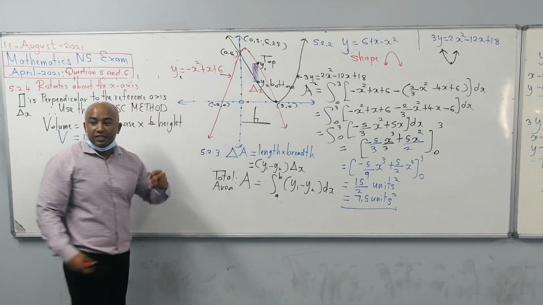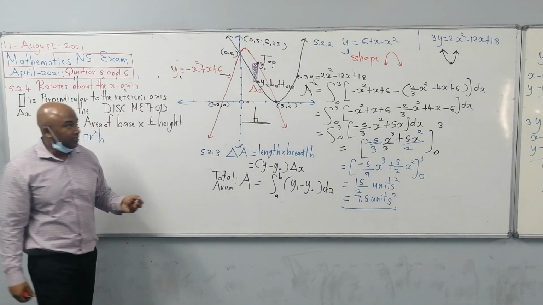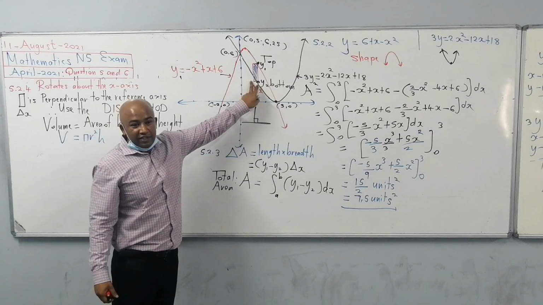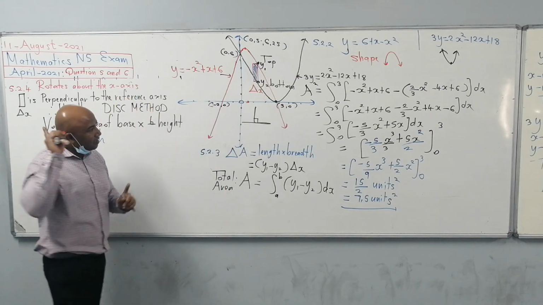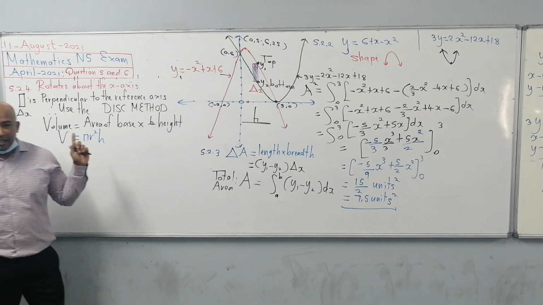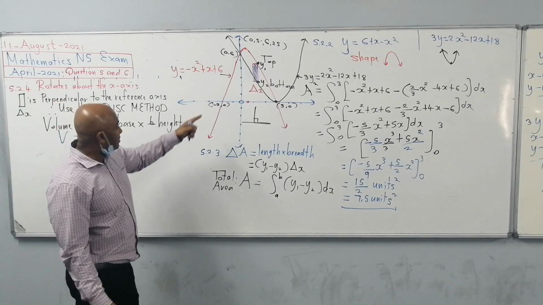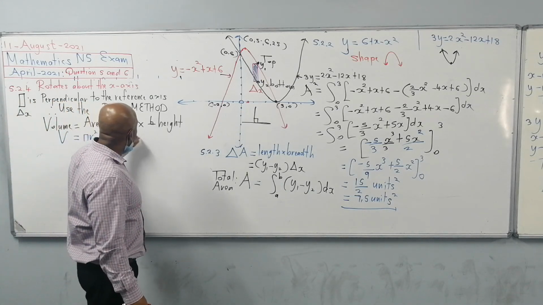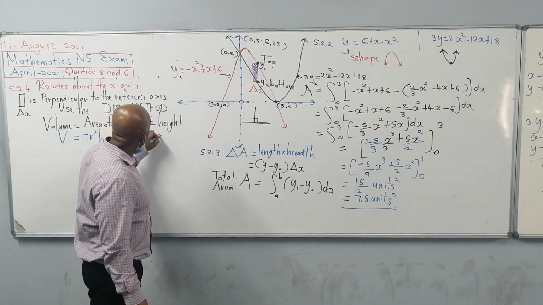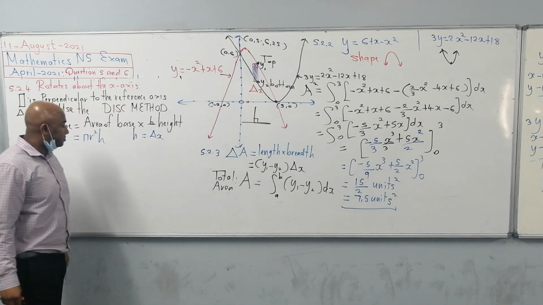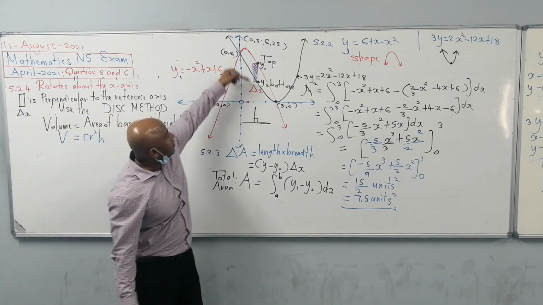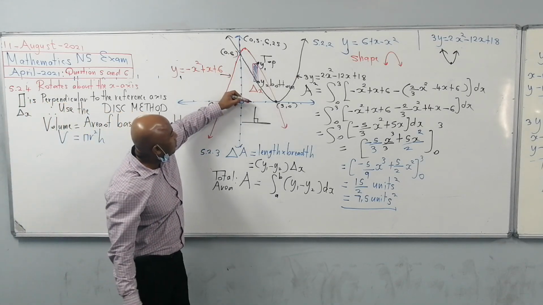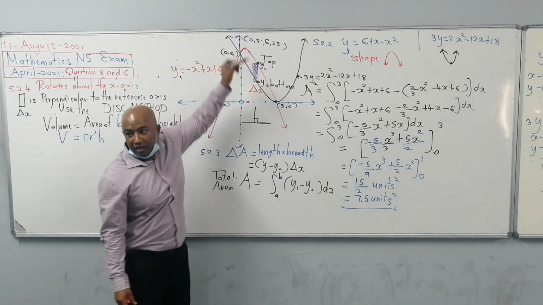So when you are using the disk method, right? If you have delta y, that will be the height. If you have delta x, that will be the height. You can always check other examples that I've done more in detail on explaining this here. So, but h is equal to delta x. What is your radius measured in terms of? So if you're going up and down, that means you're measuring a y value, and you're coming down.